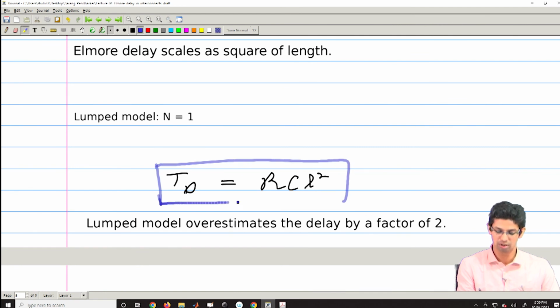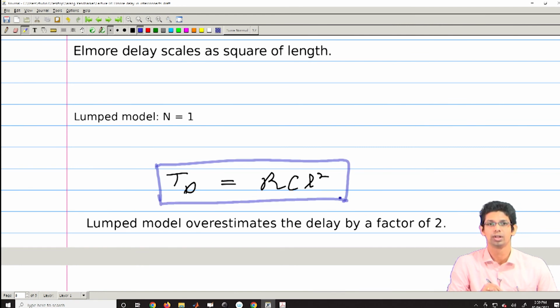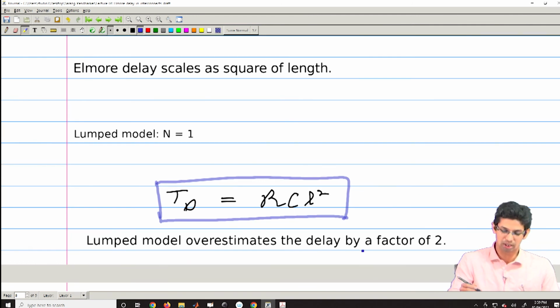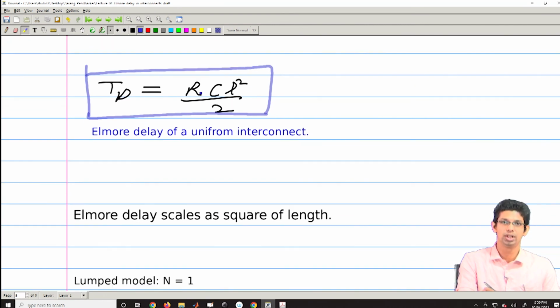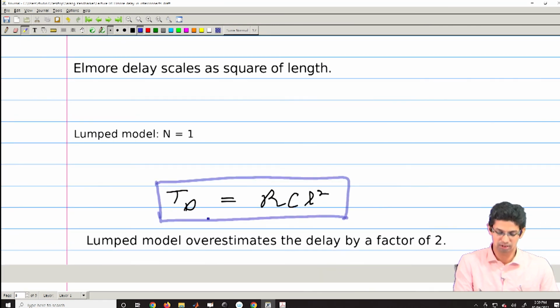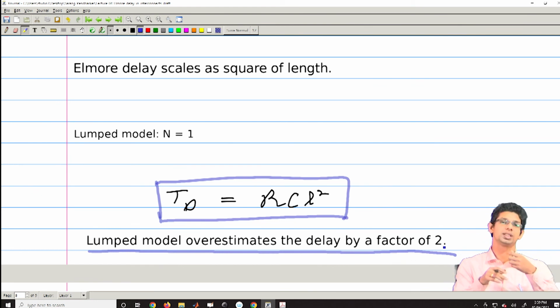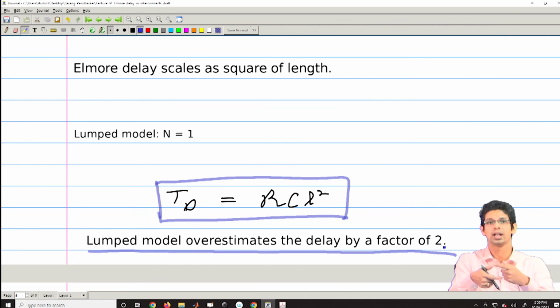And if you recall the first lecture, in lecture number 1, we had seen that that was not Elmore delay, that was the R C delay, that was coming out to be R C L square by 2. So, here the actual delay, the Elmore delay, is less than that for the lumped model by a factor of 2. The lumped model was actually overestimating the delay by a factor of 2, and this also makes sense because earlier we had said you had a resistor and then that resistor is charging the entire capacitance of your interconnect.